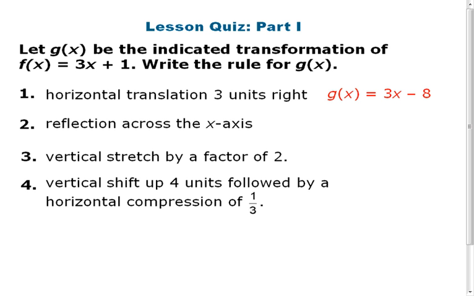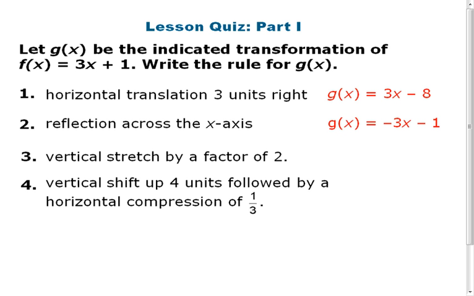You can just pause the video on each one of these as you work through it. Some of you may be able to get it right off the bat. If you have trouble with any of these, we'll talk about them in class. Reflection across the x-axis. So that would be the reflection across the x-axis. Think about what that does for you, how that came about.